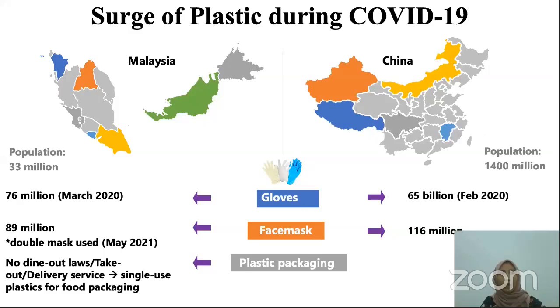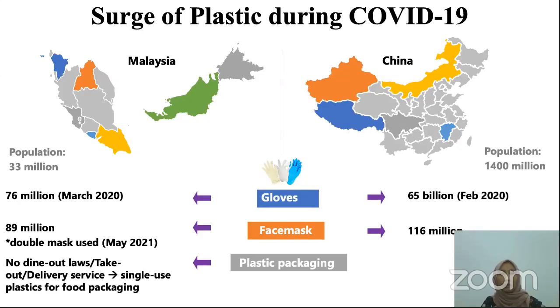Meanwhile, a 65 billion demand for medical gloves was requested, with estimates predicting 12.5% growth in 2020 in the same country. China's daily surgical mask output had climbed to 14.8 million by February 2020. For plastic packaging, there is no data for China.